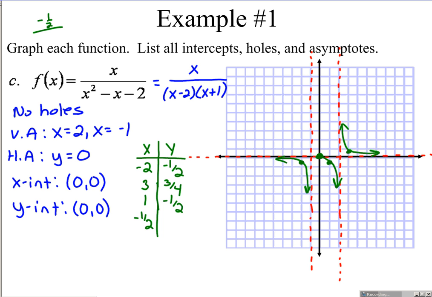Minus 2, negative 9/4. Multiply up by the reciprocal, and we're going to get out two-ninths, which means our graph crosses there and approaches in that direction.